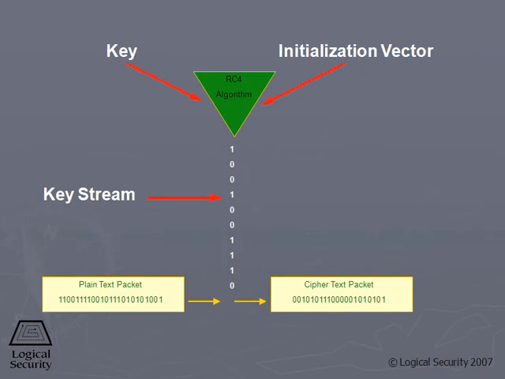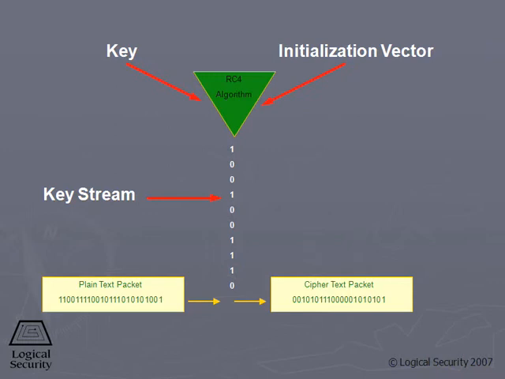As I indicated, WEP uses an algorithm called RC4 to do the encryption. RC4 is a symmetric key stream cipher, and it uses a key stream generator. The key stream generator takes inputs that are the key and the initialization vector. The key, of course, is the WEP key, the password that is shared between the clients and the access point.